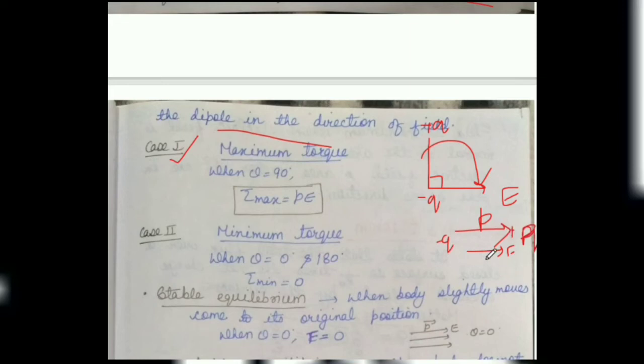In this case also torque is minimum, no rotational motion, because they are already in the direction of electric field. And if E is in this direction and P is opposite to this one, it means minus Q is this side, plus Q this side. So the dipole moment direction is from minus to plus. Dipole moment is in this direction and electric field is in this direction. Here the angle is 180 degrees, again sine 180 is 0, so minimum torque.